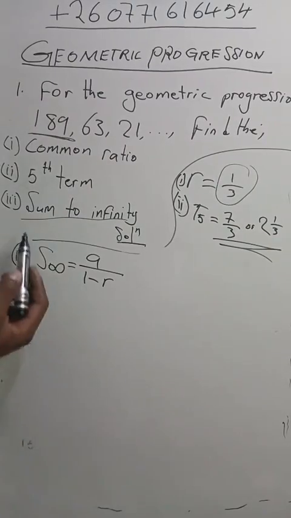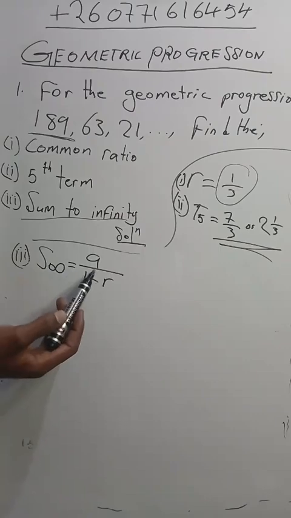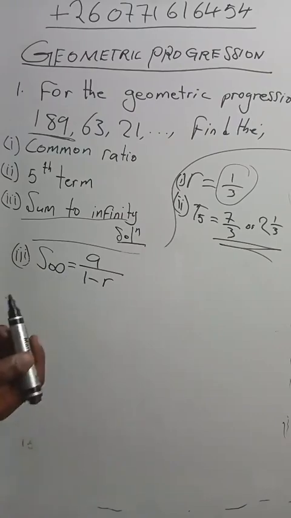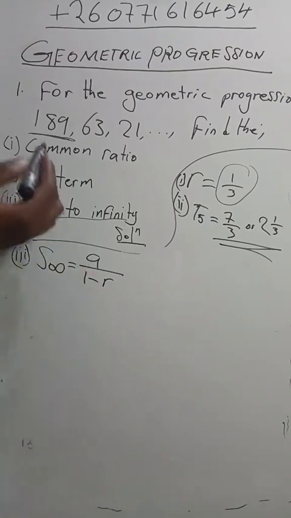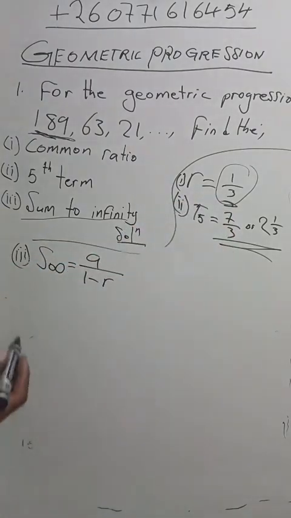So for the last question, we're going to use this formula. Sum to infinity is equal to A divided by 1 minus R, where A is the first term, R is the common ratio that we found.